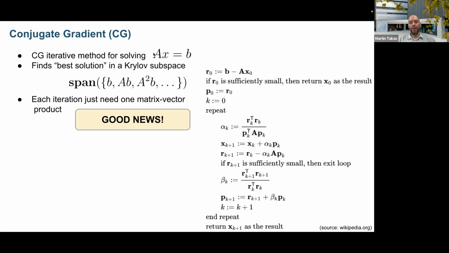Again, A is my Hessian. Now see here, when I start with 0, then my residual is just the gradient, B. And afterwards, in the algorithm, all I do is multiply A times p. So all I need to do is just multiply the Hessian by a vector.